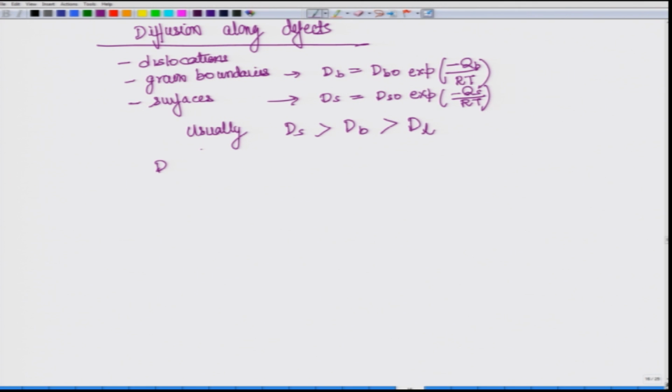In these cases, for example, let us say we are talking about grain boundaries. Then in grain boundaries you can get a D apparent, meaning let us say you have a polycrystalline material.